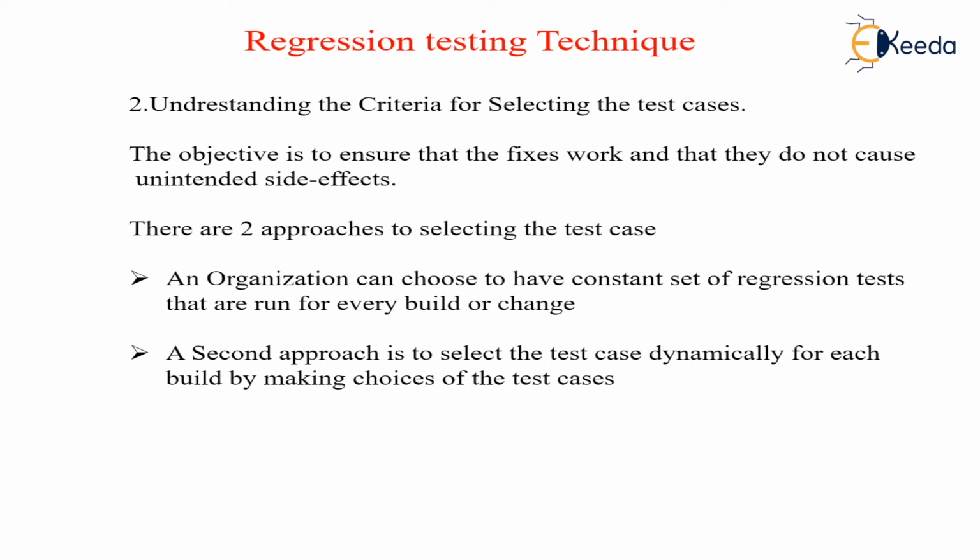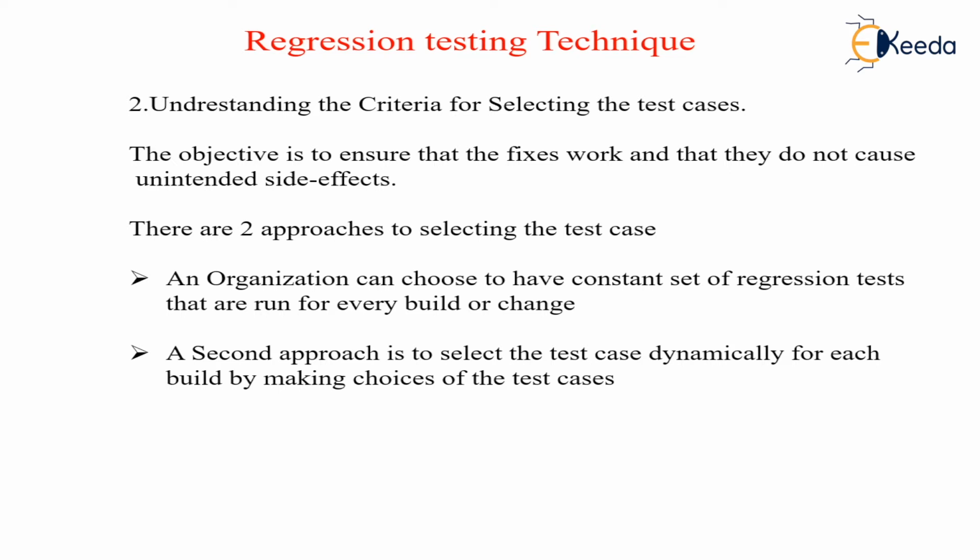The same thing is keeping the changes in mind. A build is for a version release or changes. When there is a change in my requirement as a customer, this requirement change has to be implemented without changing the external behavior.